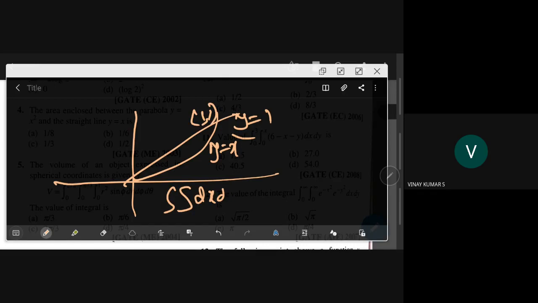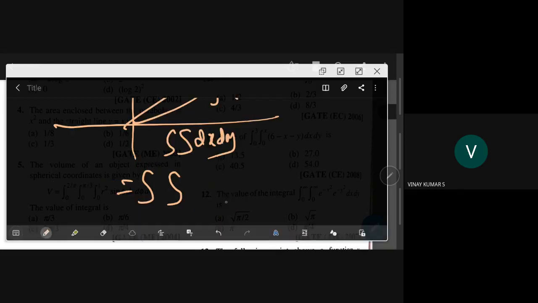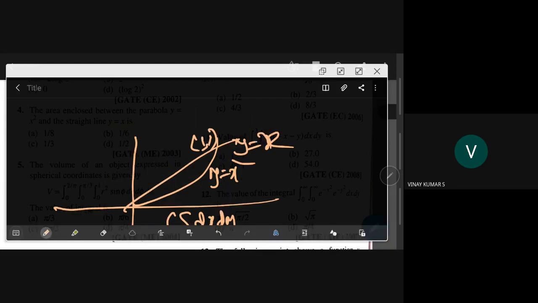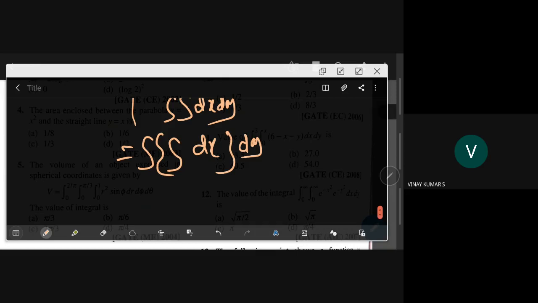So what are the limits here? If you do with respect to x first, followed by y, x goes from y to plus root y. And y naturally varies from 0 to 1.